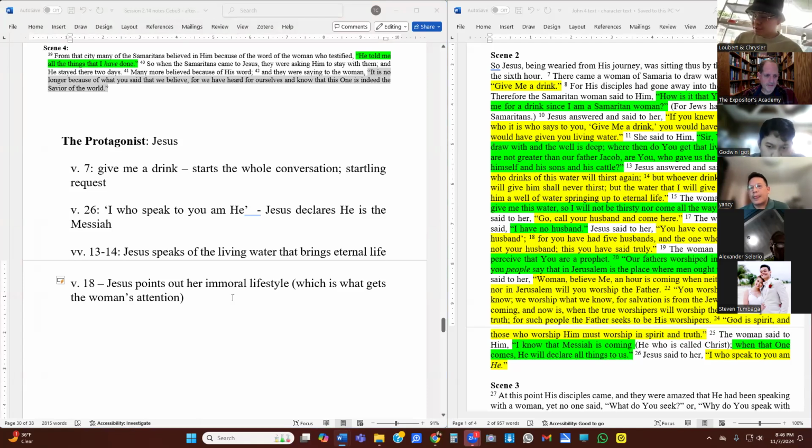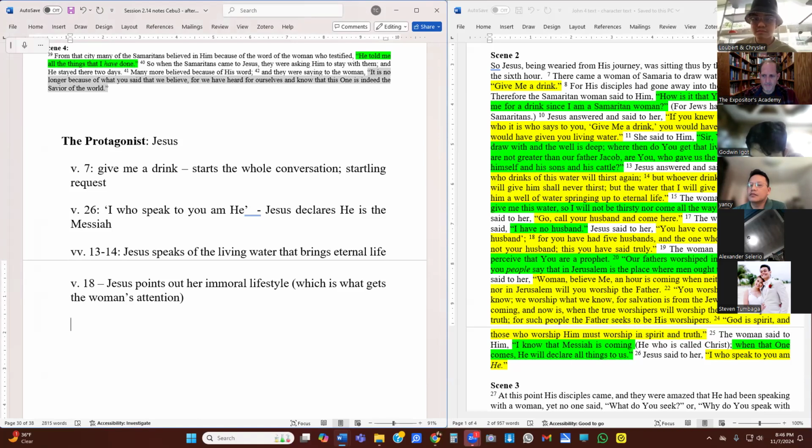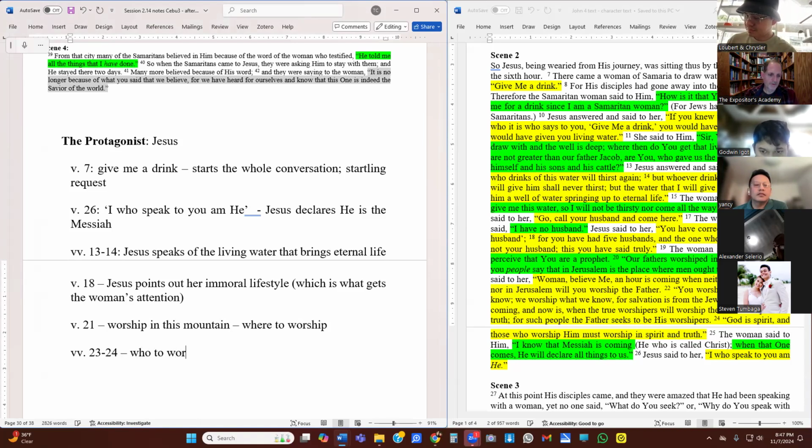And then he speaks about true worship. Yes, the mountain, where to worship. And in verses 23 and 24 is who to worship and how.